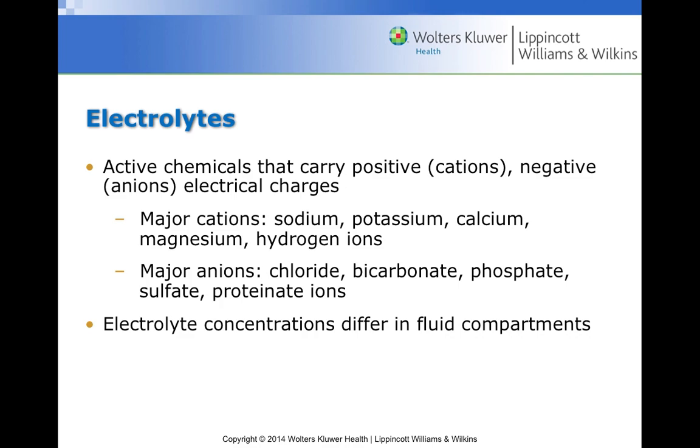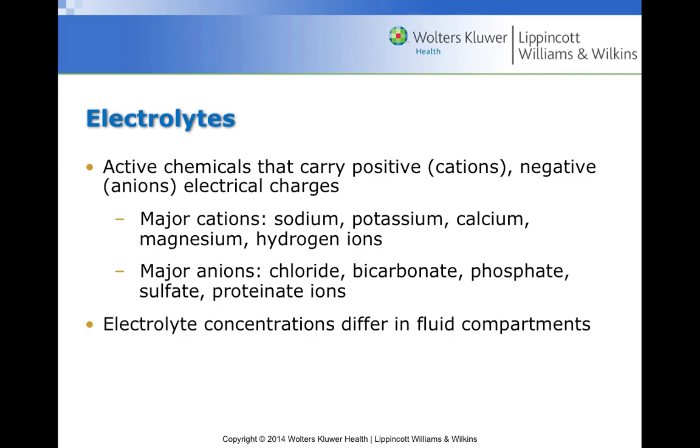Electrolytes in the body fluids are active chemicals. These contain cations that carry positive charges and anions that carry negative charges. The major cations in body fluid are sodium, potassium, calcium, magnesium, and hydrogen ions.